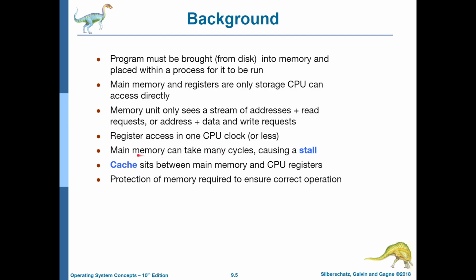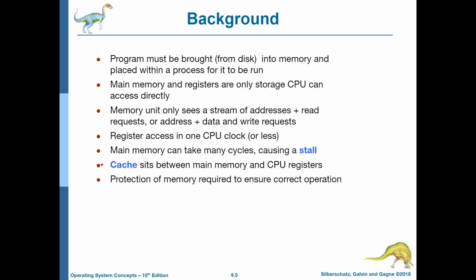And what this does is the CPU will have to wait while that memory request is handled by the memory unit. Because of this long length of time where the CPU really is doing nothing but waiting, we call this a stall, or a memory access stall.